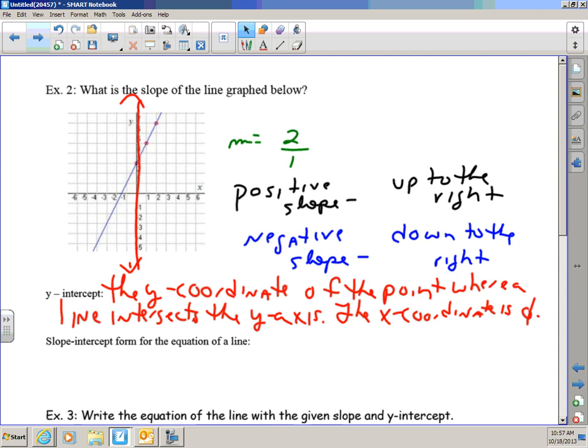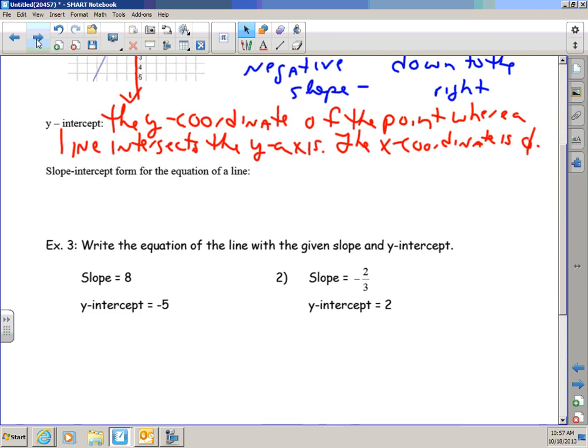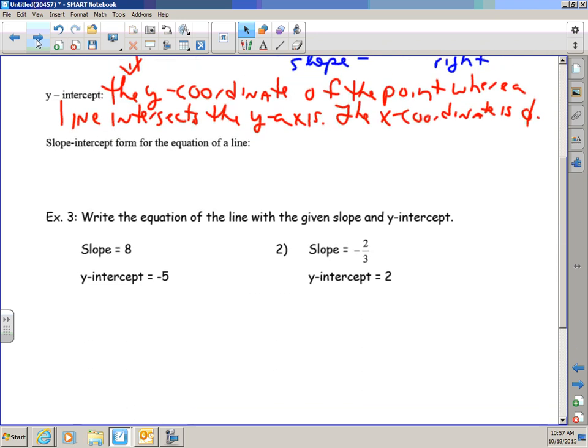Now we want to get to what is the equation of a line. That's the whole point of this lesson. If you think about the following, it'll hopefully make some sense. As I said at the beginning, a line has an infinite number of points, but every line has only one slope and one y-intercept.